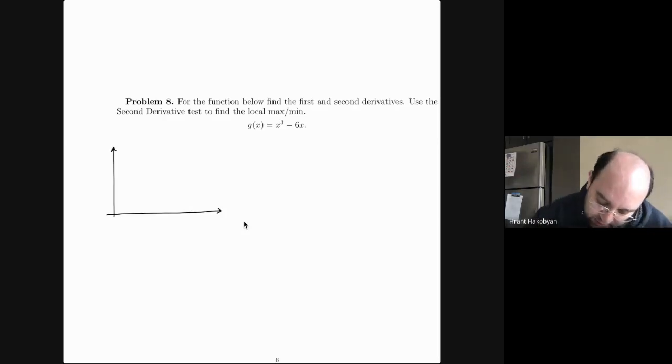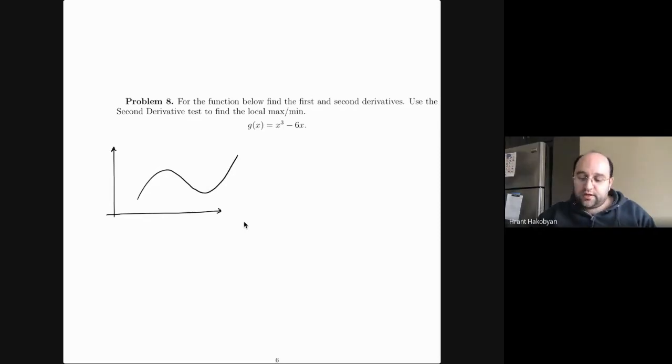All right, so imagine this is my function. At this point here, I have a local maximum, so the slope is 0. And here, I have a local minimum, so again, slope is 0, right? But in terms of the first derivative, we can't really say whether it's a local maximum or minimum by looking at the derivative at that one point.